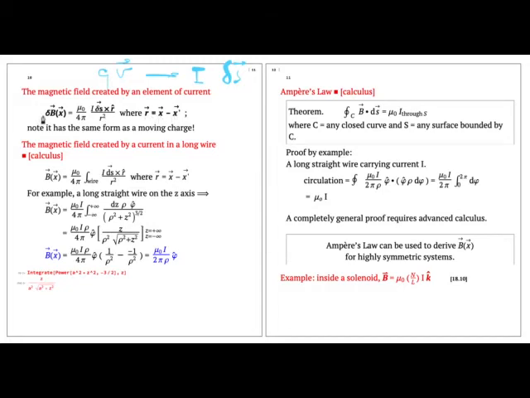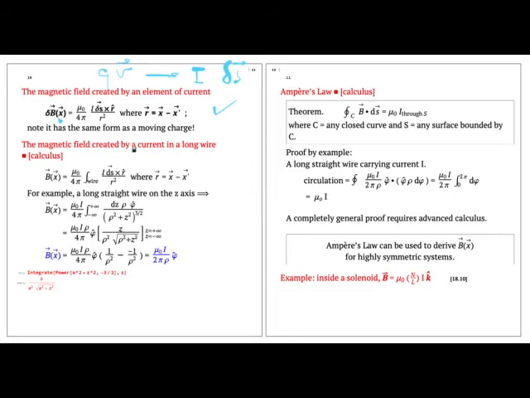Here, x is the point where I'm measuring the magnetic field. X prime is the position of ds, the position of the source. So again, this is the vector from the source to the point where I'm measuring the field. And you see this is exactly the same as the moving charge with this replacement. This is what's called the Biot-Savart law.